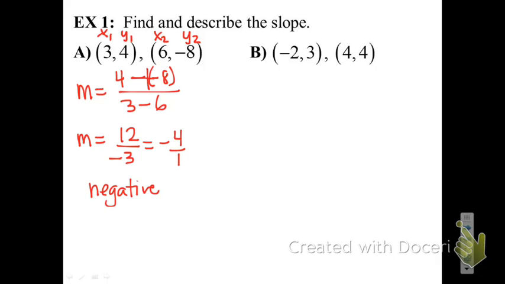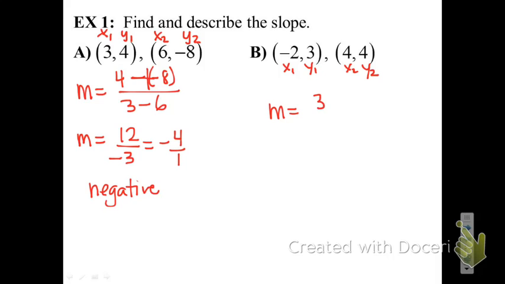Okay, so we're going to follow that same pattern here. You want to label these x sub 1, y sub 1, x sub 2, y sub 2, and find the slope.